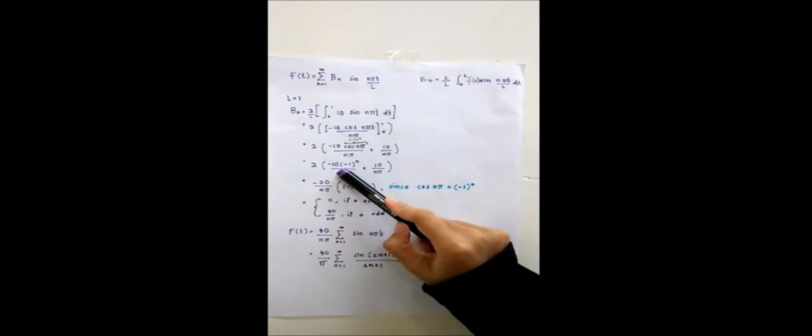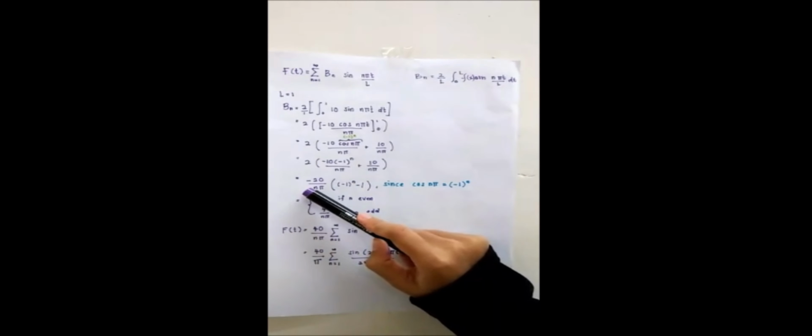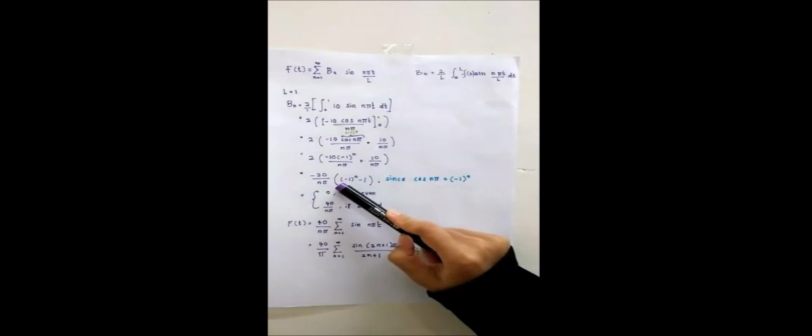Because cos(nπ) equals (-1)^n, we will get 2 multiplied by negative 10 multiplied by (-1)^n over nπ plus 10 over nπ, which equals negative 20 over nπ multiplied by ((-1)^n minus 1).